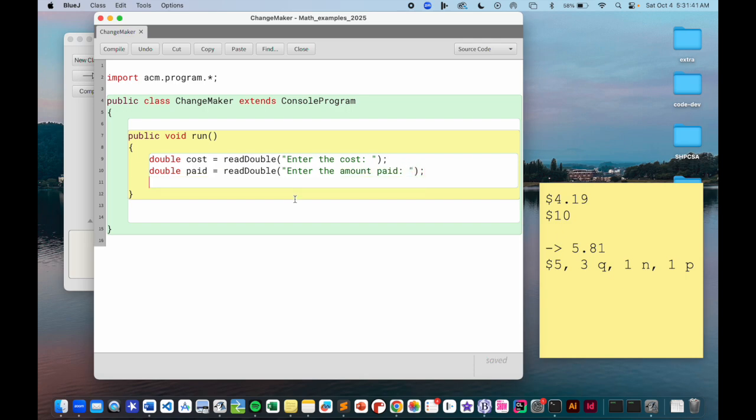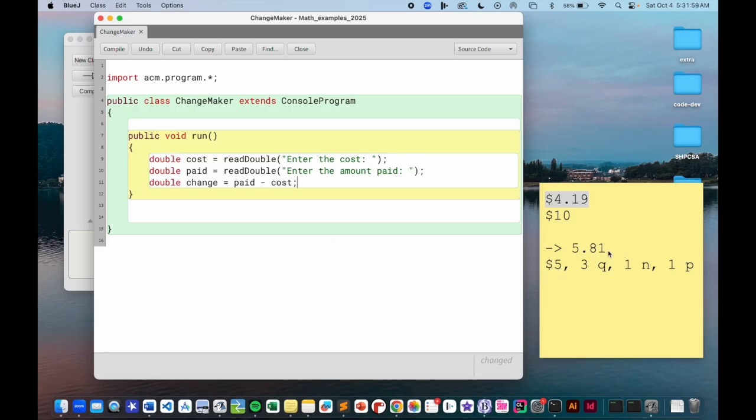And then how do I actually get how much I'm owed? Isn't it how much I've paid minus how much my thing cost? So let's do double, call it change equals paid minus cost.